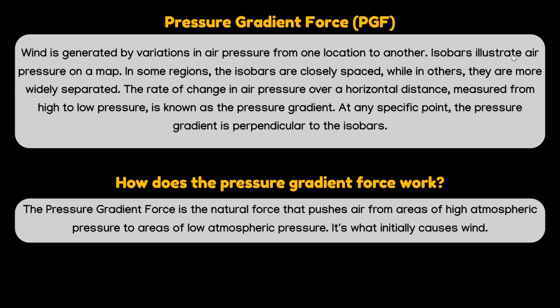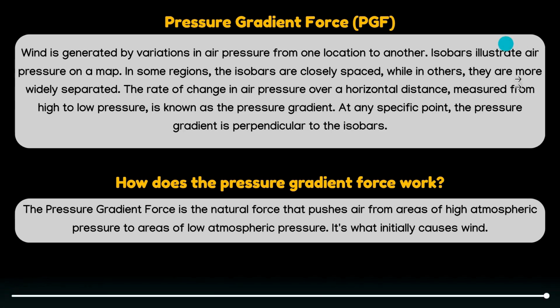At any specific point, the pressure gradient is perpendicular to the isobars. So, in simple terms, the pressure gradient force is the natural force that pushes air from areas of high atmospheric pressure to areas of low atmospheric pressure. And that is what causes the winds.